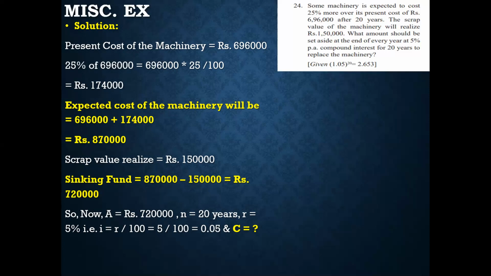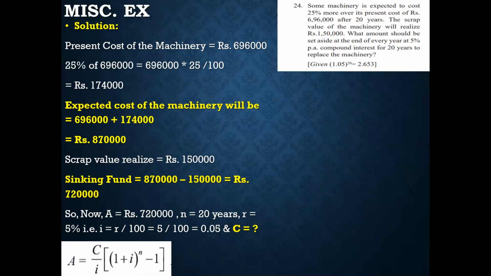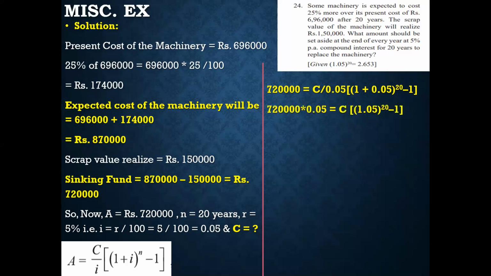So basically, this is your accumulated amount after 20 years, 7,20,000. N is 20, R is 5, so I is 0.05. We are finding what amount should be kept aside, that is C. So we'll use the formula A is equal to C upon I, 1 plus I raised to N minus 1. So 7,20,000 is equal to C upon 0.05, 1 plus 0.05 raised to 20 minus 1. Cross multiplying, it will come this side and get multiplied by 7,20,000.